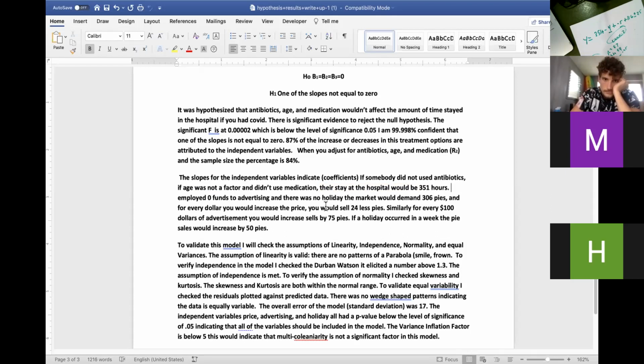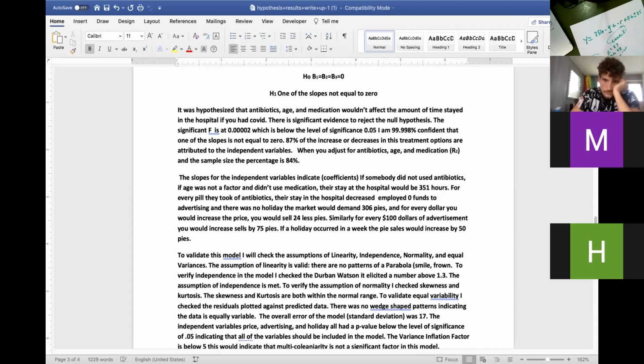And for every pill they took of antibiotics, their stay in the hospital decreased by 4 hours. And for every year that they were older, by 4 hours, right?